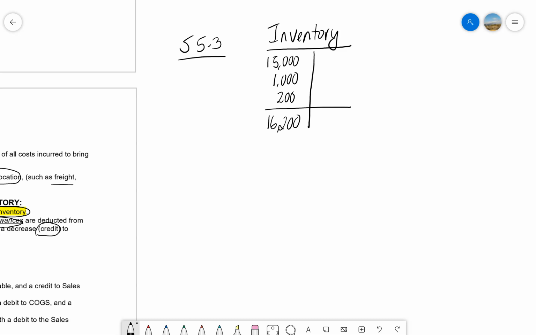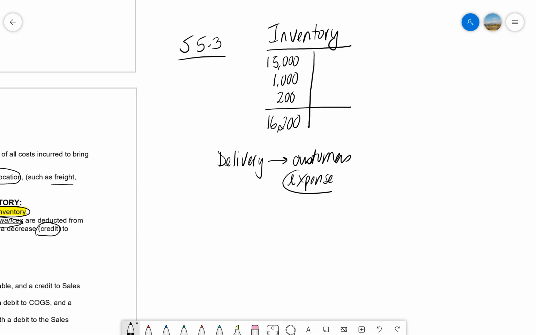Now that's part one of the question. Part two says, if the company pays $500 to deliver the goods to its three retail outlets, how would the $500 delivery amount be expensed? The delivery amount that they incur to send that to their customers would be basically an expense.